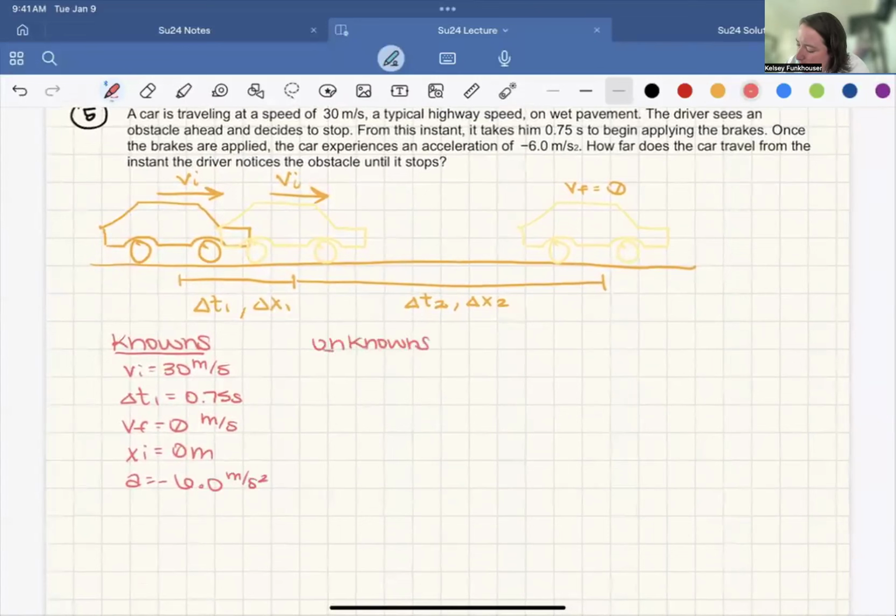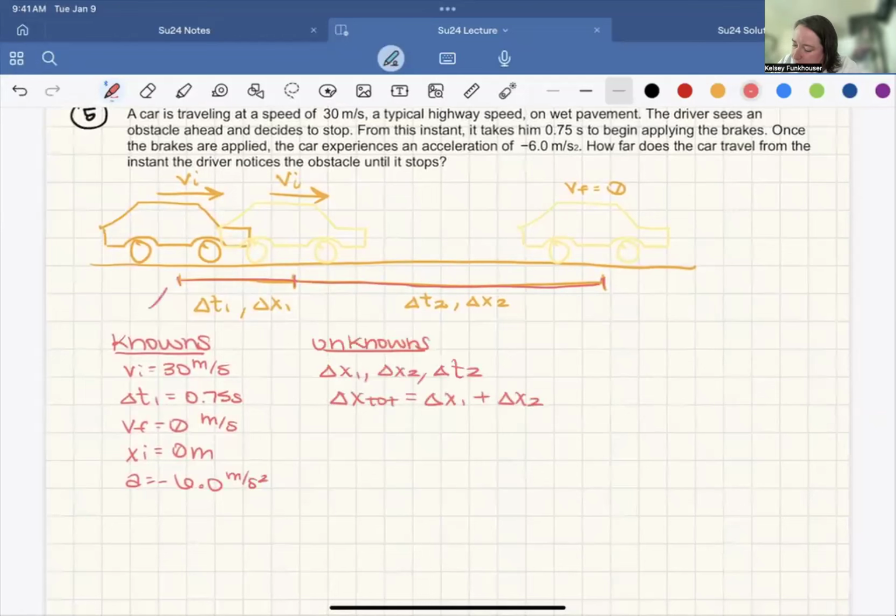Unknowns. We don't know this first displacement, but we know the time interval, so that'll help. And then we don't know the second displacement or the second time interval. And we also don't know the total displacement. And this total displacement, maybe I'll just write it here, is going to be the displacement initially plus the second displacement.